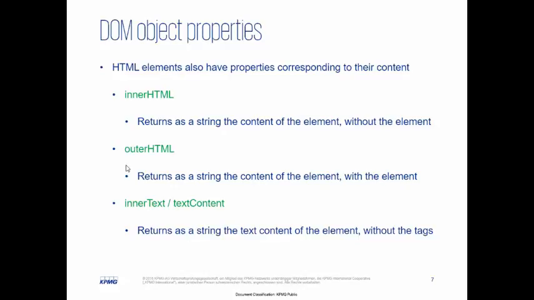So innerText and textContent return the string of the content of your tag. So if you have a paragraph like we just saw and it has different elements inside, innerText will return a textual representation of the text that actually gets rendered from this element without the HTML. So it's just a clean textual version of the content of the element.